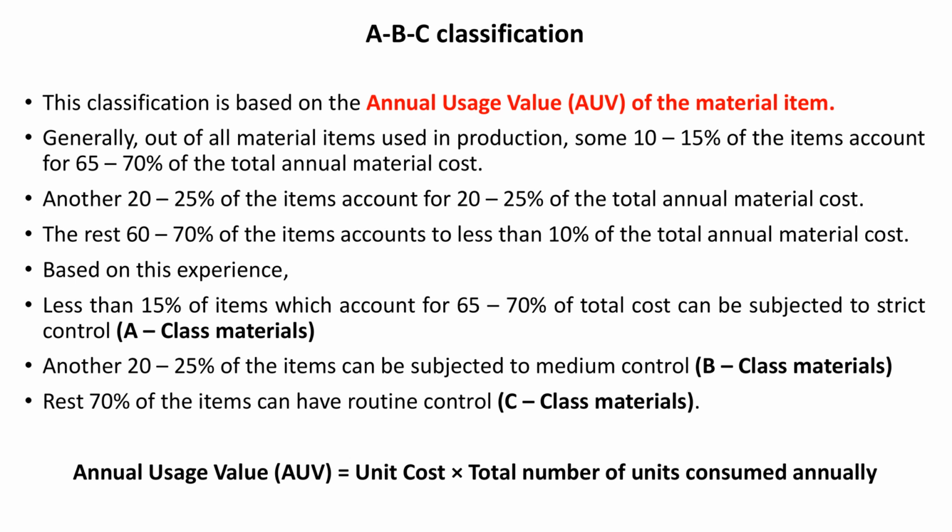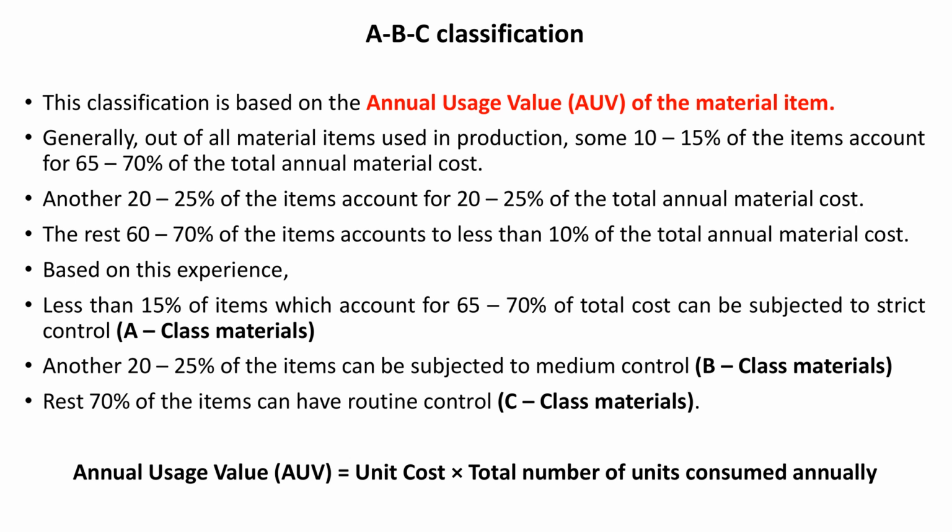Another 20 to 25% of the material items account for 20 to 25% of the total annual material cost, and the rest 60 to 70% of the material items accounts to less than 10% of the total annual material cost.